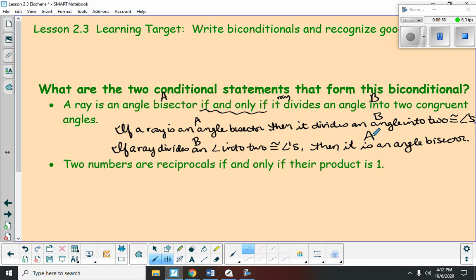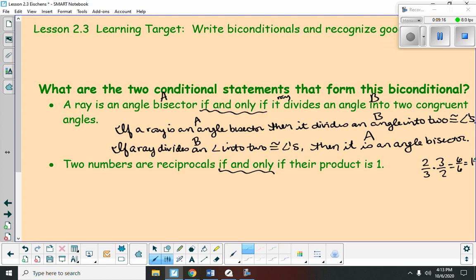The next one says two numbers are reciprocals if and only if their product is 1. So remember a reciprocal, like if you have 2/3, the reciprocal would be 3/2. And if you multiply those together, you get 6/6, which equals 1. So that's a true statement.